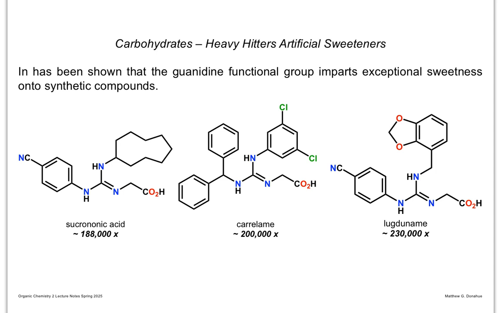So the heavy hitters here, these are all based on a functional group called a guanidine. So that's this central functional group there. That's common amongst all three of them. You're just changing out the other substituents, and now you're up into like the hundreds of thousands. I'm semi-adventurous.